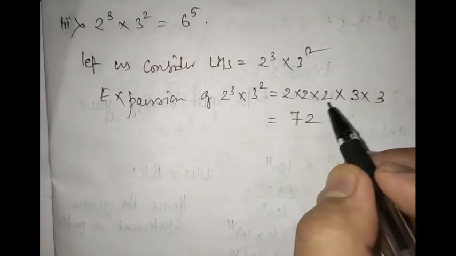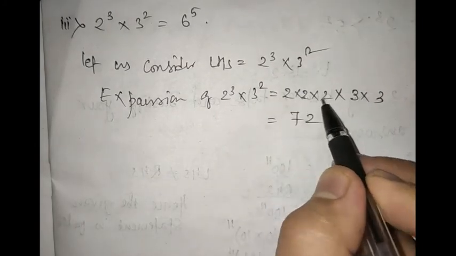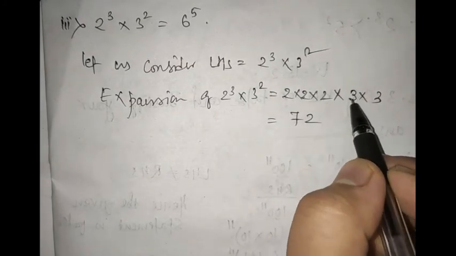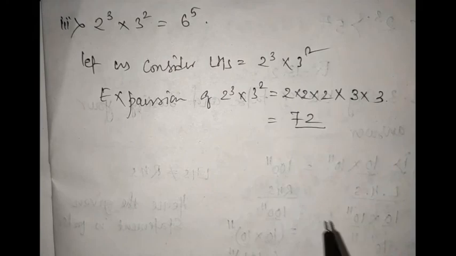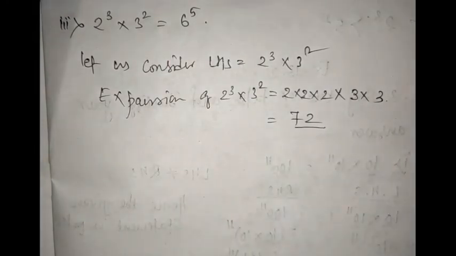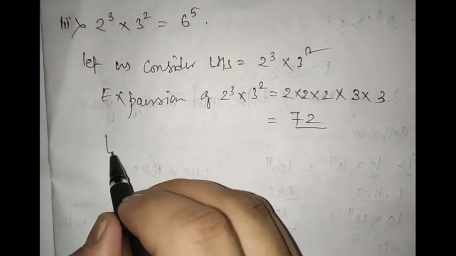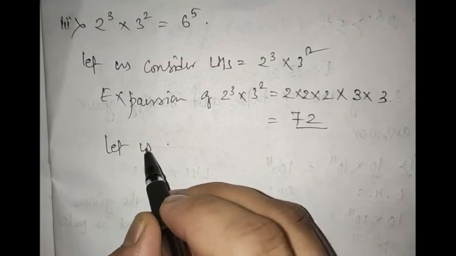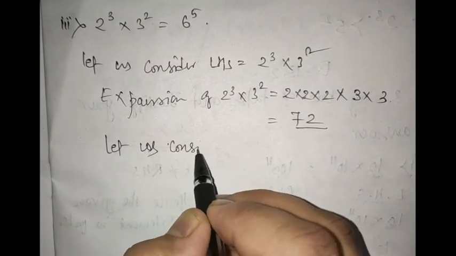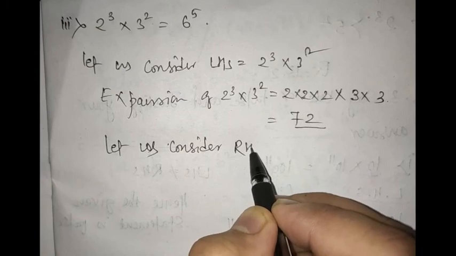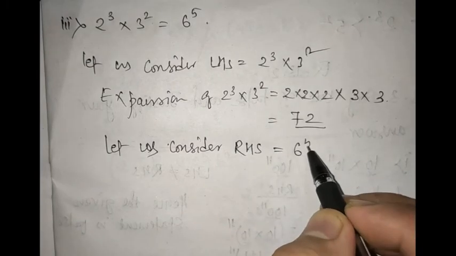Okay, so let's cross check it again. 2 2s are 4, 4 2s are 8, 8 3s are 24, 24 into 3 is 72. Okay, so left hand side we got the value. Now let us consider RHS part is equal to 6 to the power 5.